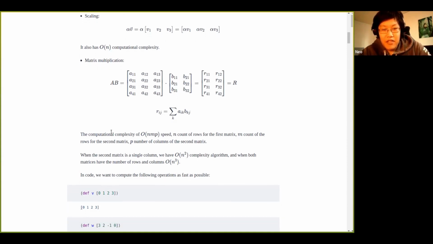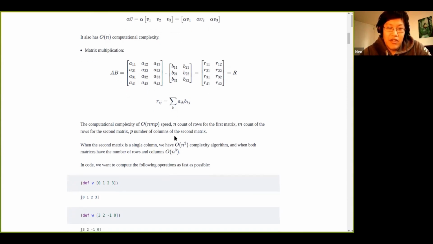And the complexity of this is O(n·m·p), which is the number of rows here times the number of rows here times the number of columns here. And this is where we're actually going to get a lot of speed-ups in practice. So we try to really improve and be as efficient as possible in doing these kinds of operations.